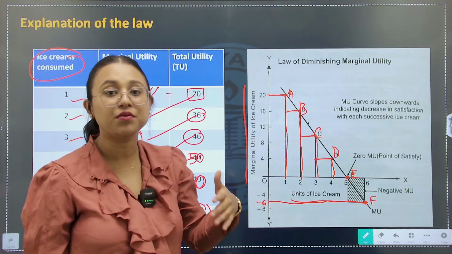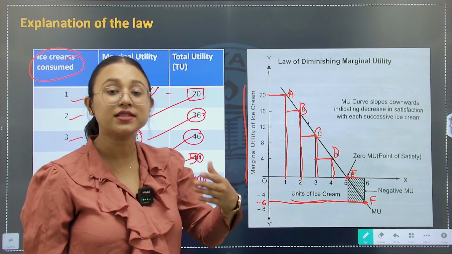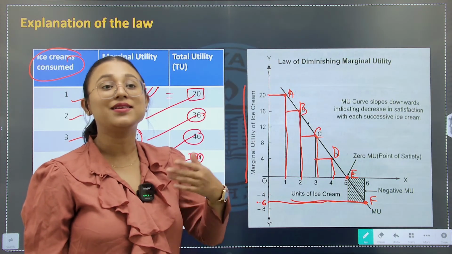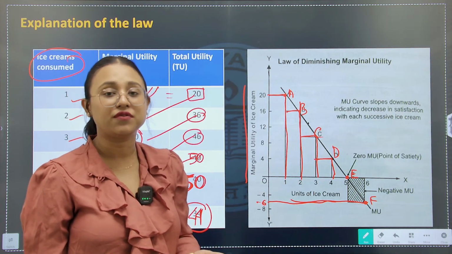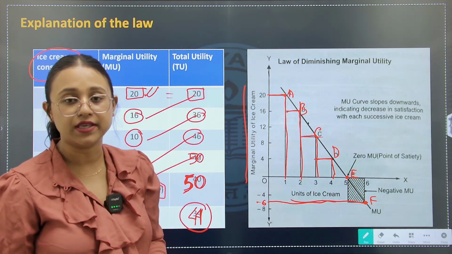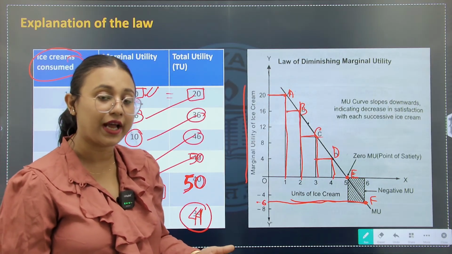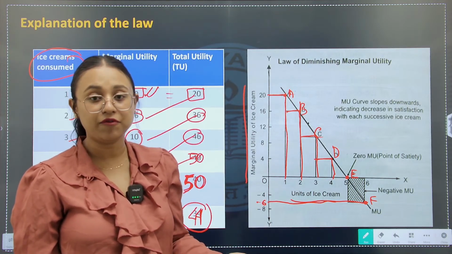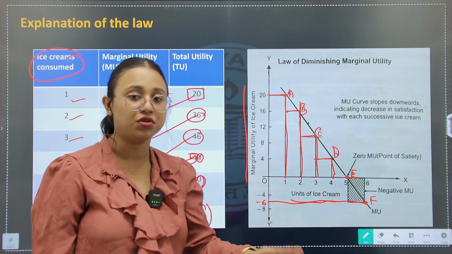which indicates that with successive consumption of a commodity, the successive marginal utility received from each additional unit of the commodity goes on decreasing. As much as we keep consuming or purchasing extra units, the additional utility we receive from additional consumption of a commodity goes on decreasing.